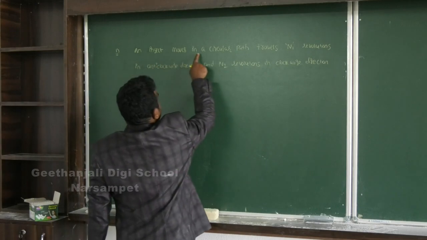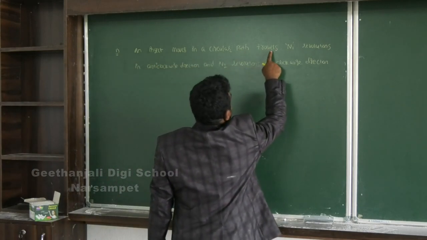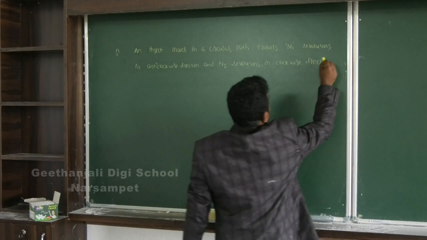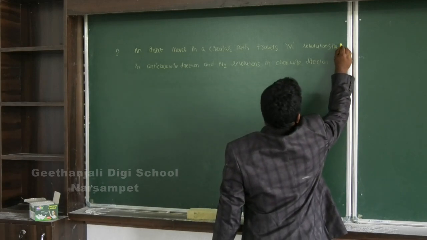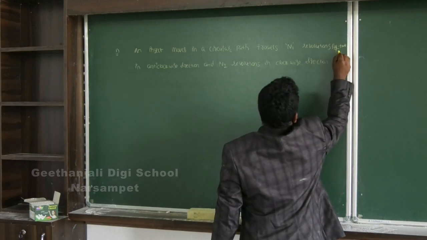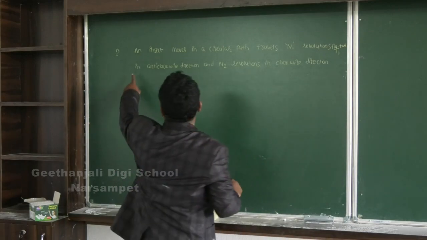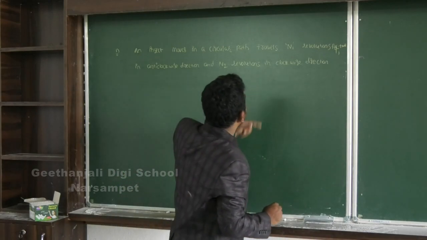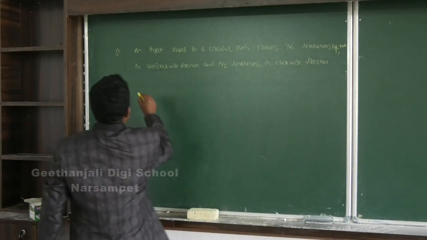So an insect moves in a circular path, travels n1 revolutions for time t1 seconds in anti-clockwise direction and n2 revolutions in a clockwise direction for a time t2.